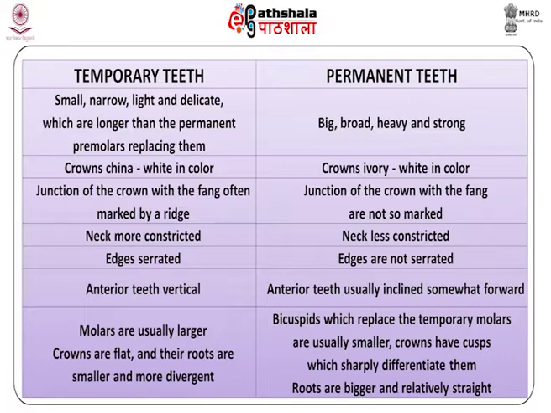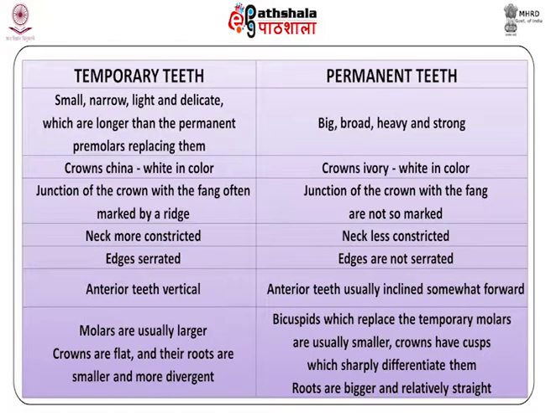In temporary teeth, the junction of the crown with the fang is often marked by ridges, whereas in permanent teeth it is not so marked. In temporary teeth, necks are more constricted, whereas in permanent ones the necks are less constricted. The edges are serrated in temporary teeth, whereas they are not serrated in permanent teeth.